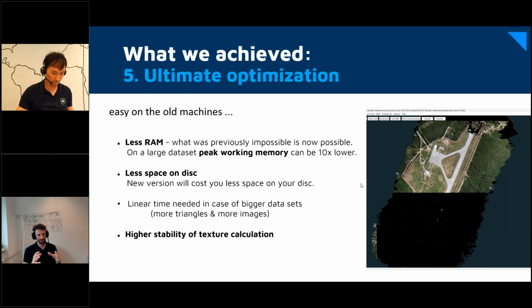Another nice feature is that when projects get bigger and bigger, meaning you input more images or you calculate models with more triangles, it doesn't slow or prolong the process exponentially. It just prolongs the time needed to calculate texture linearly.